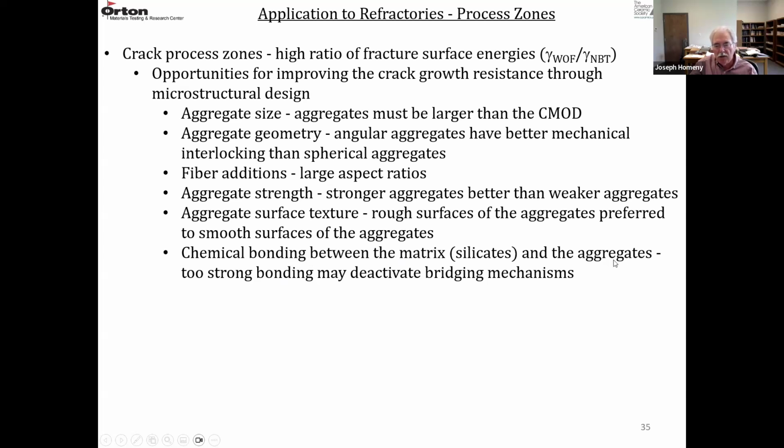So you have to have an interface that's not too strong. That interface between the matrix and the coarse aggregates is real important. And generally, the aggregates are pre-fired crushed materials, and the matrix is going to be weaker than the aggregates.